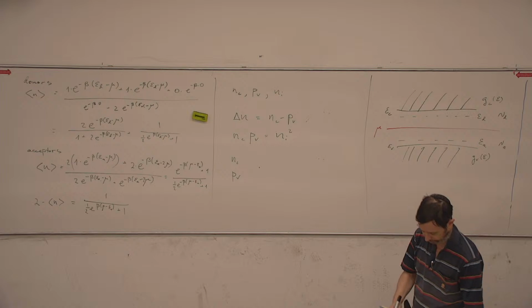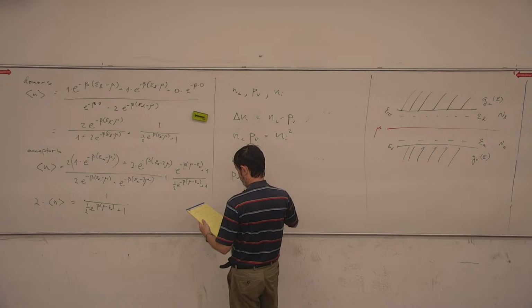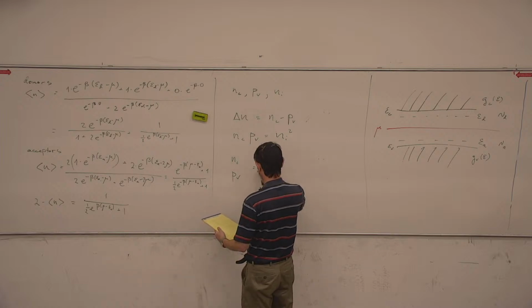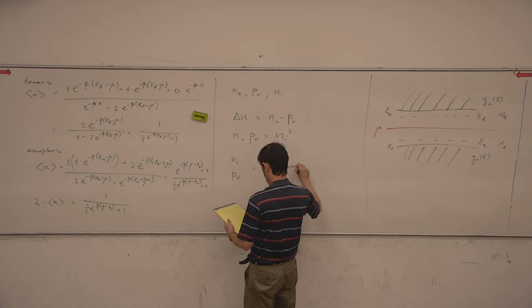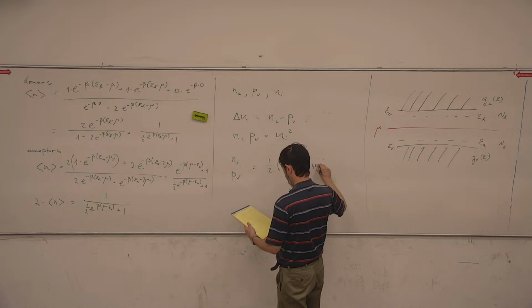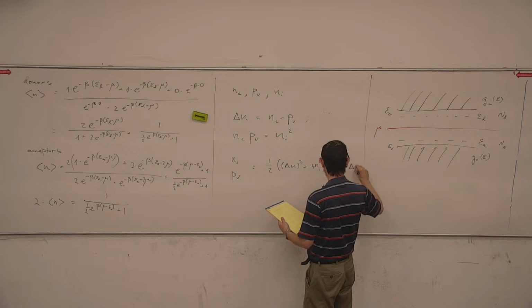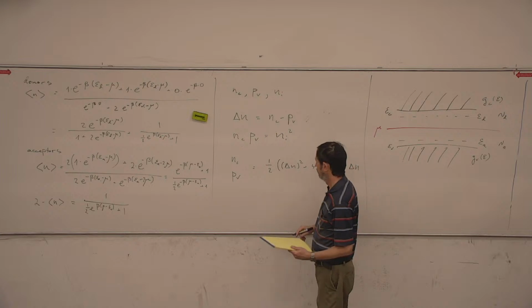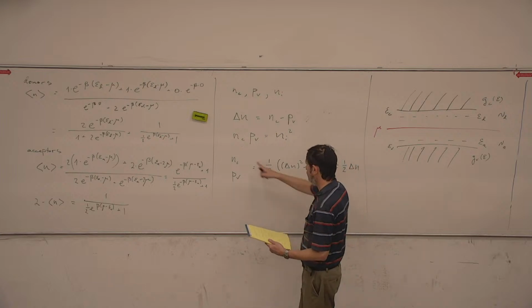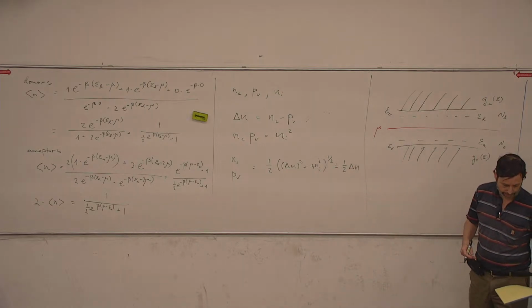Using them, so the plus and the minus are for nc or pv.